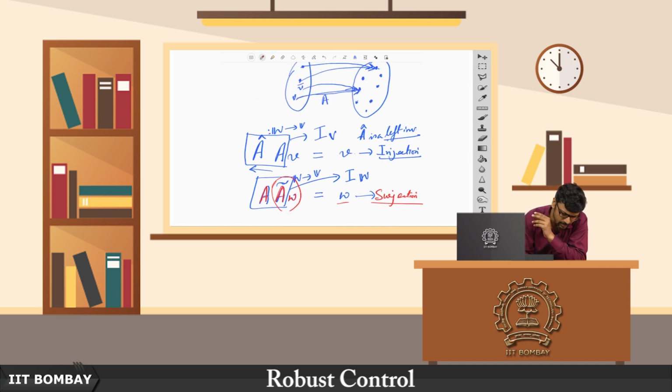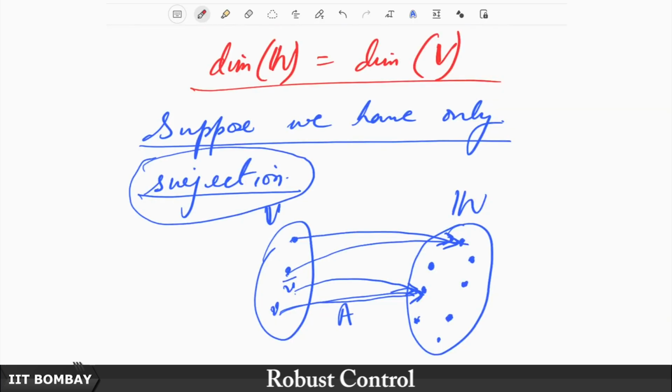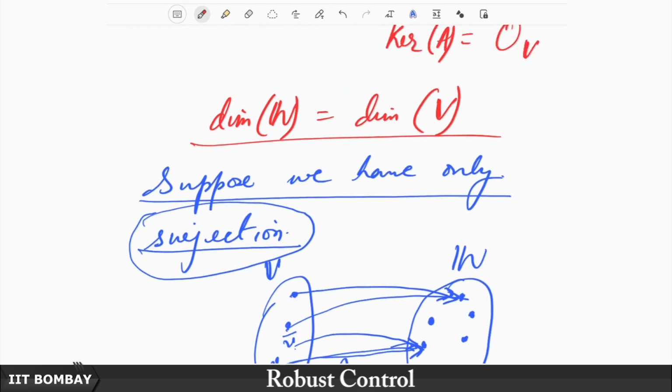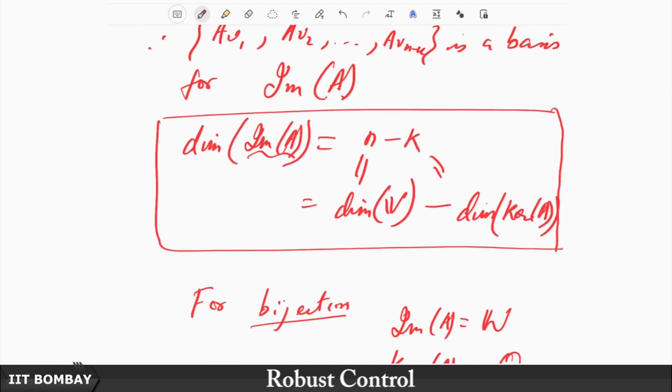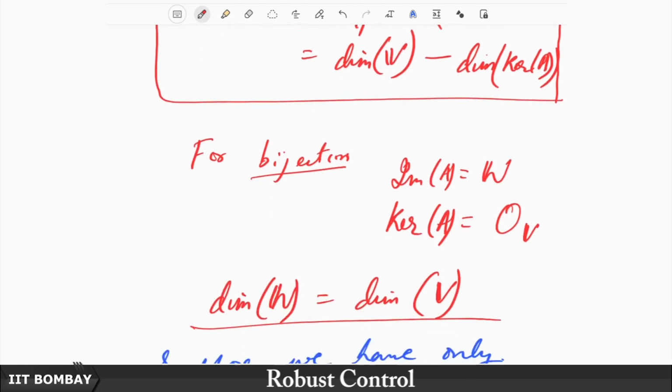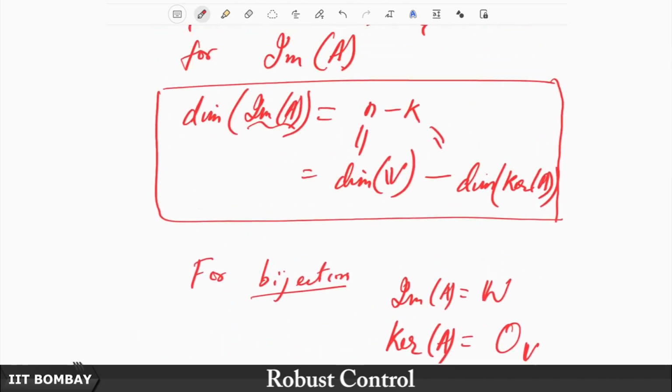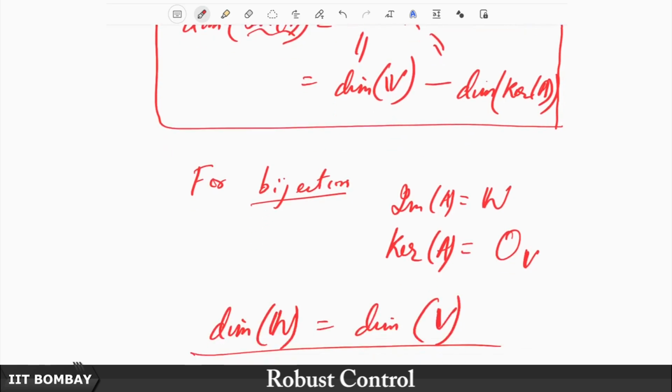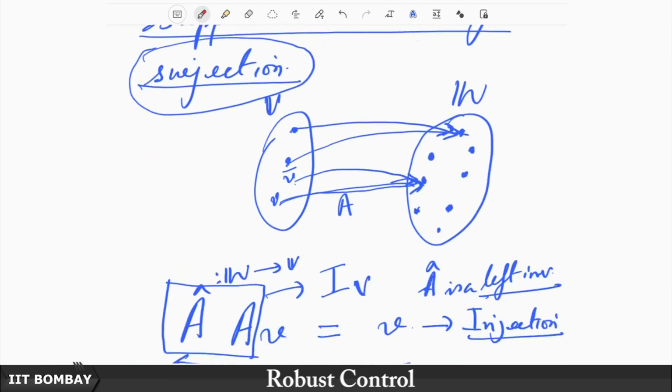Think of the sizes of the matrices, a matrix of size m cross n. What is the dimension of the domain, what is the dimension of the codomain? Think of it in terms of rank nullity, and think of it as a full rank matrix, full column rank or full row rank, and try to relate this.